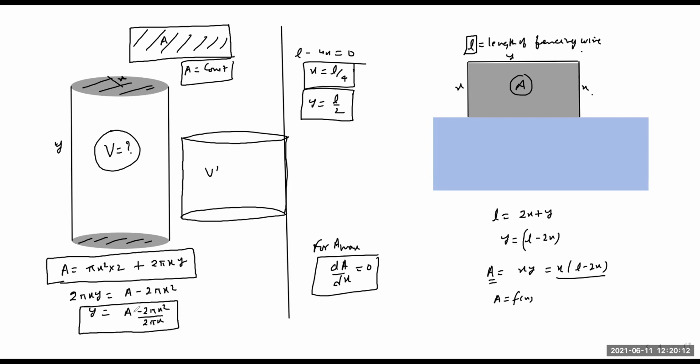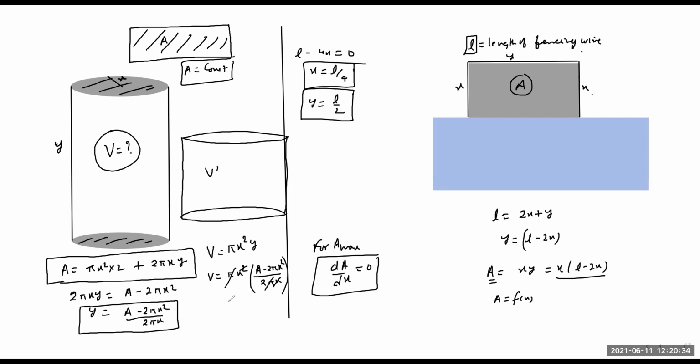Now comes the volume part. What is volume? If you don't know, the volume is pi r square h, that is, pi x square y. We have the value of y: (A minus 2 pi x square) upon 2 pi x. Now this is very interesting.